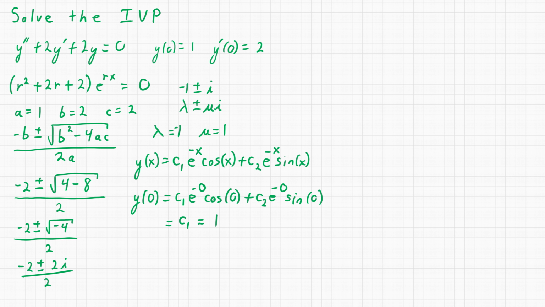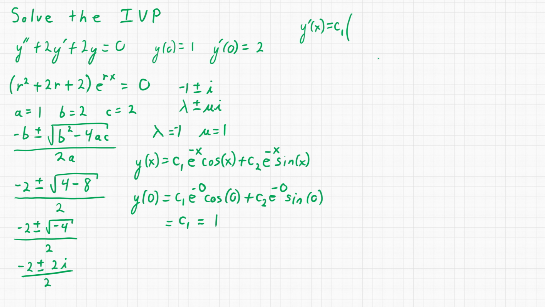All right, well, what about the other one? That one is a little annoying. We have to compute y prime of x, because in order to evaluate y prime at 0, we have to compute y prime. So I think I have enough room here. We've got y prime of x equals, all right, I've got c1 times e to the negative x and a cosine x. That's going to be a product rule.